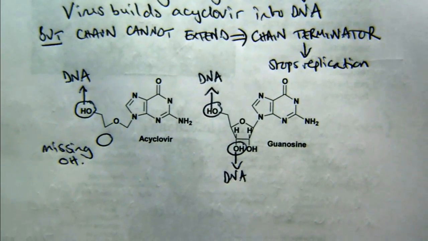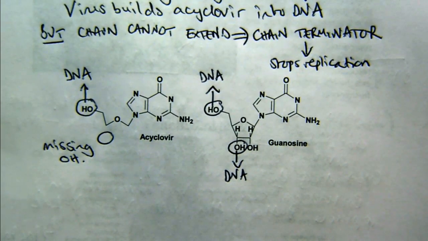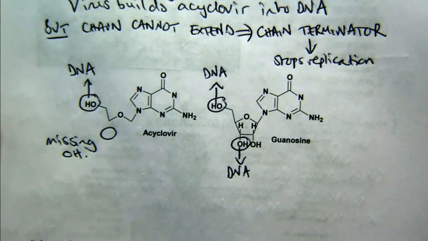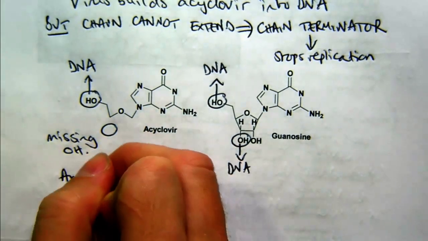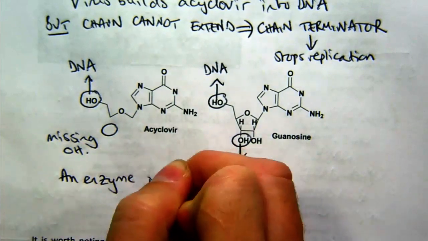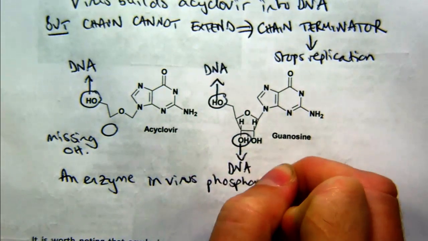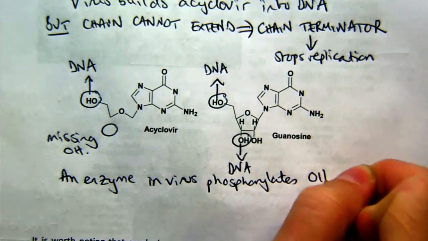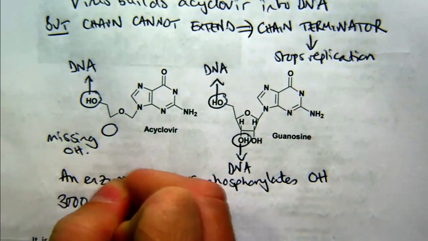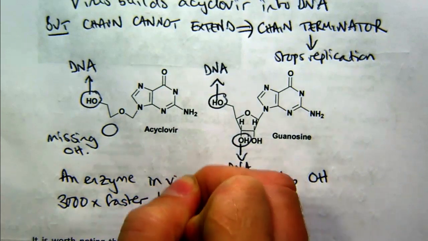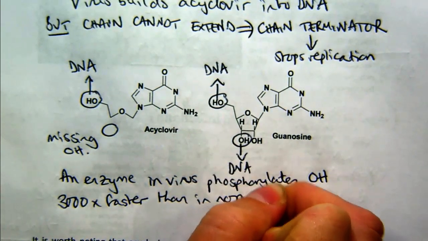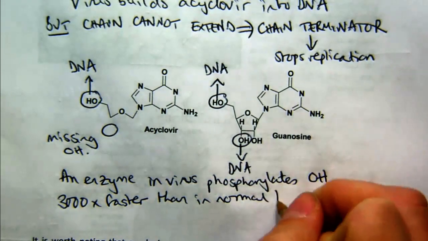And you may wonder why this doesn't affect all your cells. Why is acyclovir not toxic to all your cells? Because of course all your cells are reproducing DNA, but the key thing is that an enzyme in the virus phosphorylates the OH 3,000 times faster than in normal human cells.